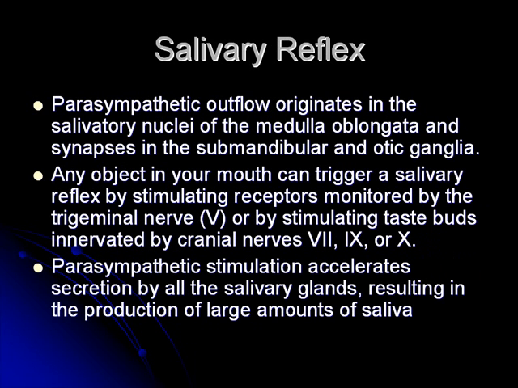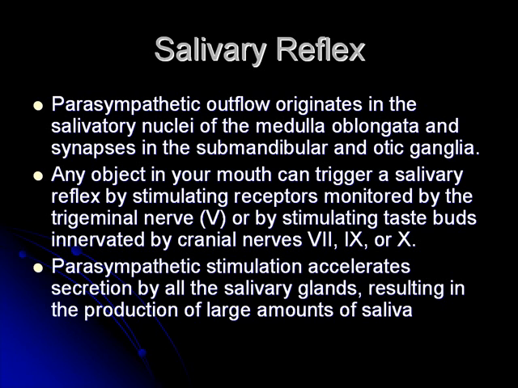Now, we'll talk a little bit about the salivary reflex. Again, the parasympathetic nervous system is the autonomic system that predominates in the digestive system. Parasympathetic outflow originates in the salivatory nuclei of the medulla oblongata and synapses in the submandibular and otic ganglia. Again, these are aspects of the nervous system which we'll go into more detail about when we talk about the nervous system.